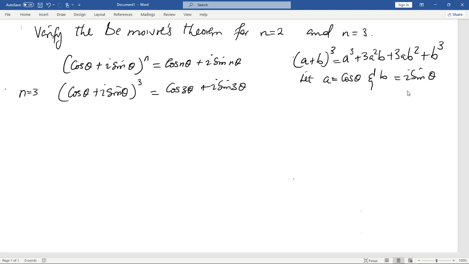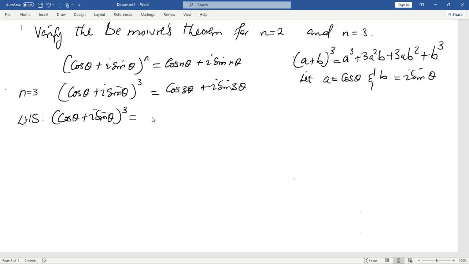So now if we replace this into the expression that we have on top, we are evaluating the left hand side so that we show that it's equal to the right hand side. So now here we have (cos theta plus i sin theta) to the power 3.